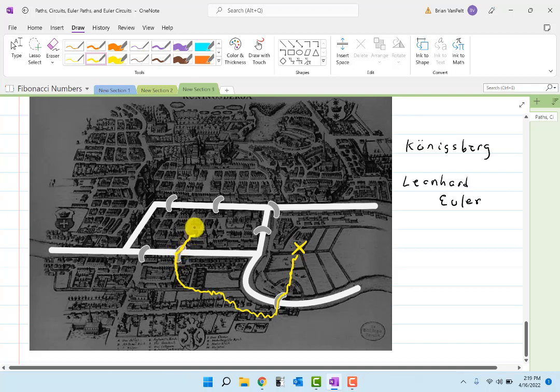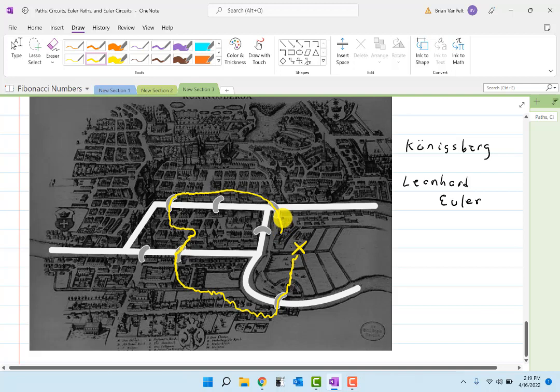So I might do that. Now notice, I don't want to just go back out and go over the other bridge that's right there, because then I will have only used 3 bridges. I'm hardly even done yet. So then maybe we go over this bridge and come around like this, and then maybe we try to go here.